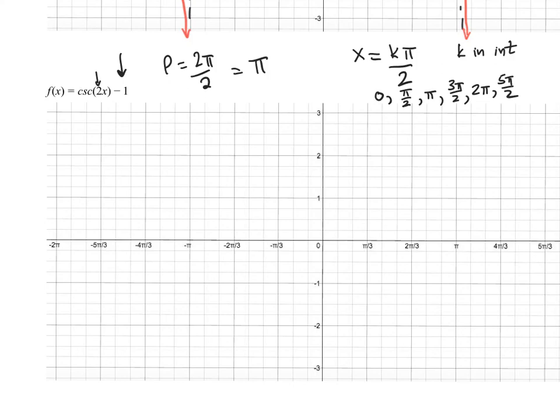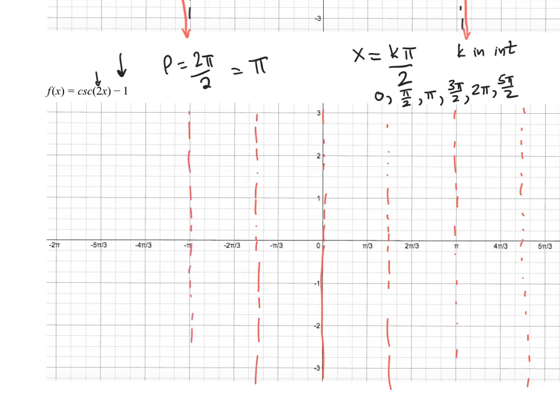So we'll have lots and lots of asymptotes: one at 0, one at pi over 2, one at pi, one at 3 pi over 2, one at negative pi over 2, and at negative pi, and so on and so forth.